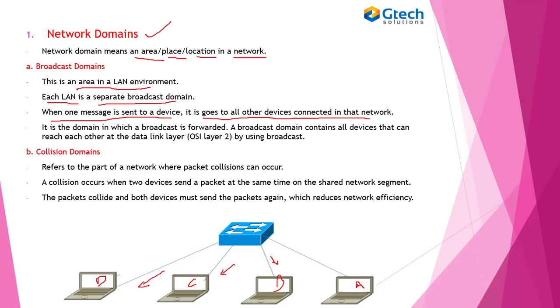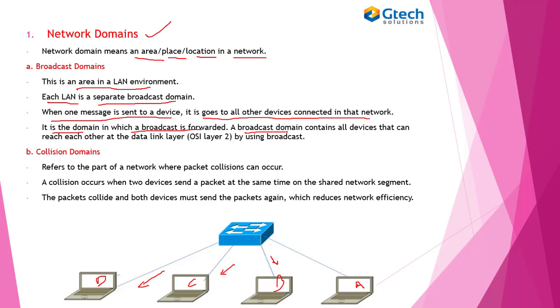A broadcast domain means one device sends a message to all other devices in the network. Okay, so it is the domain in which the broadcast is forwarded. Domain is an area. It is the area in a network in which the broadcast is forwarded.